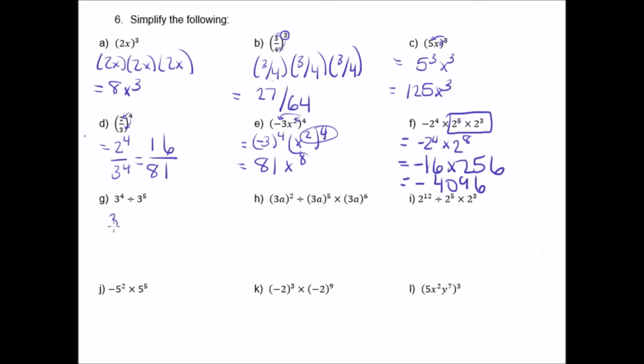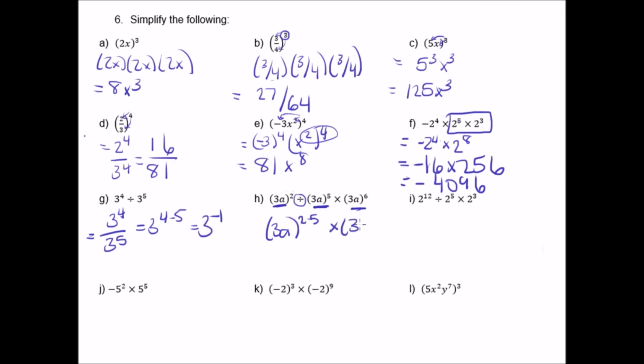Okay, division, 3 to the 4 over 3 to the 5. I just rewrote it, so you can see we have to subtract 4 minus 5. Okay, so 3 to the negative 1. Okay, we have the same base here for all of these. 3a is our base. So with division, we subtract 2 minus 5.